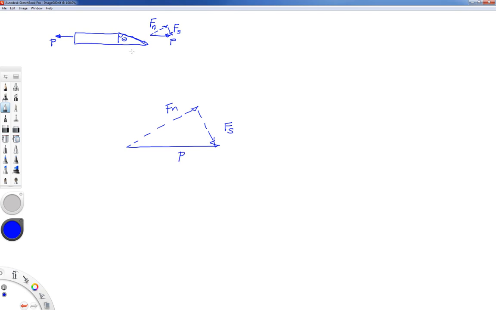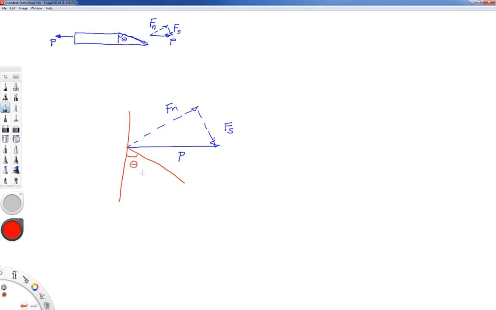Now, if I reproduce this angle here, let me use a different color. If I draw this straight down, the slant angle here from the vertical is the angle theta.